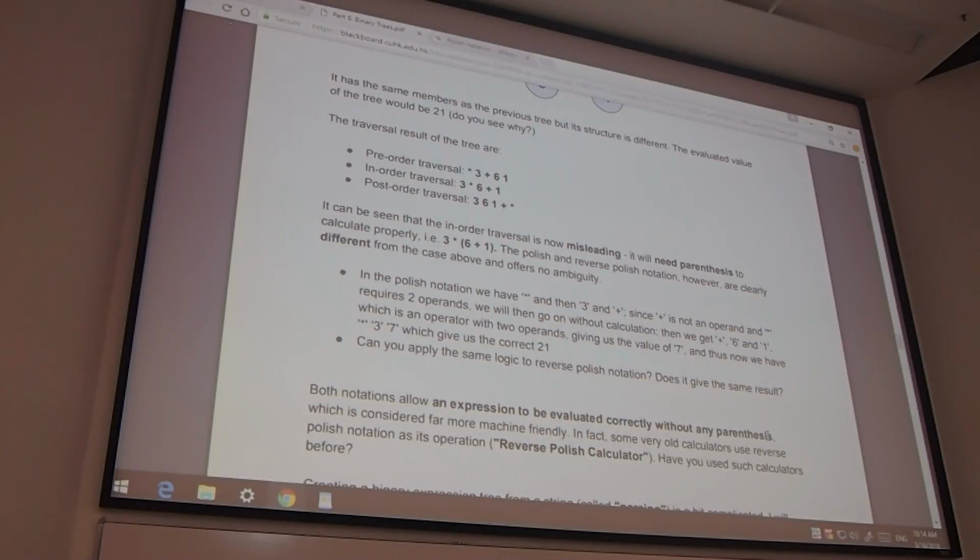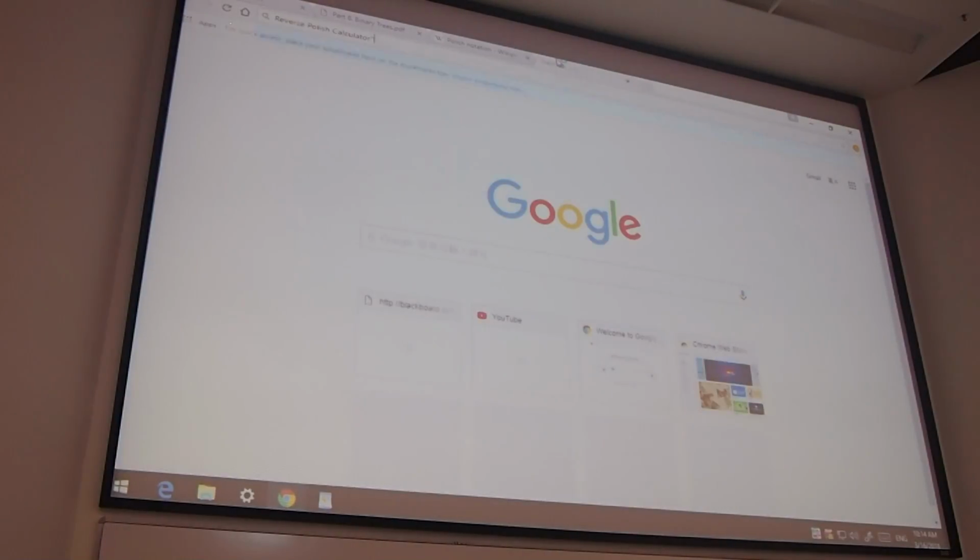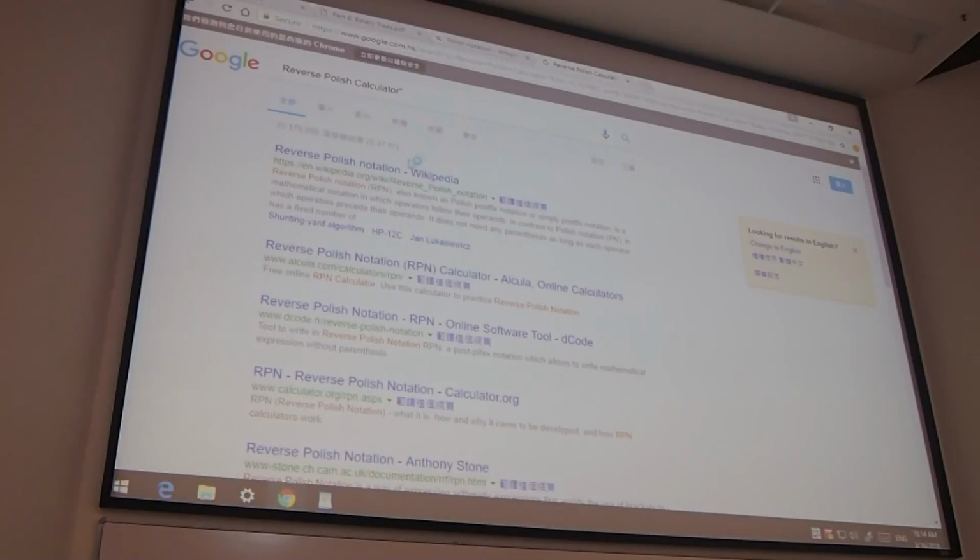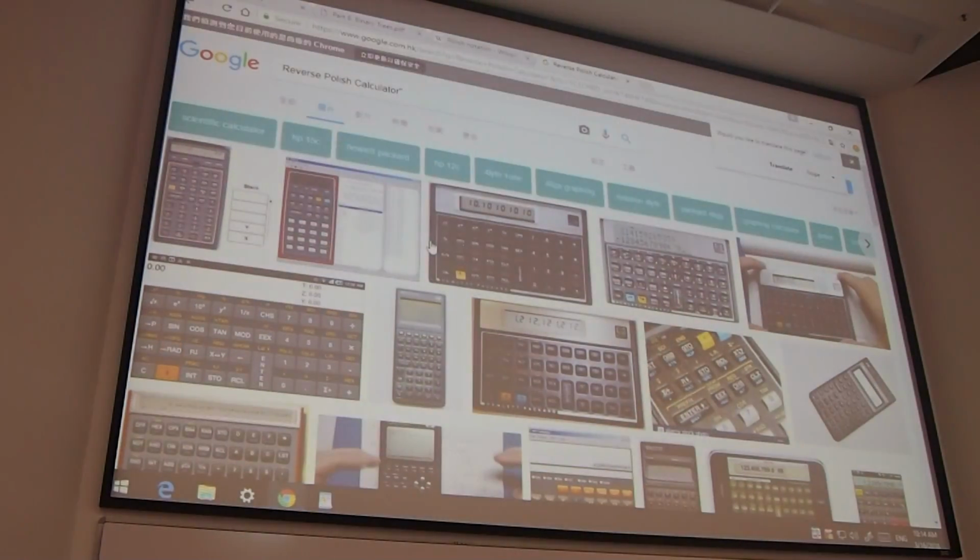Now, we actually have something called a reverse Polish calculator. In a reverse Polish calculator, we input two numbers, and then we do not need the equal sign. We just input the operator, and then it will be calculated. Has anyone used a reverse Polish calculator before?